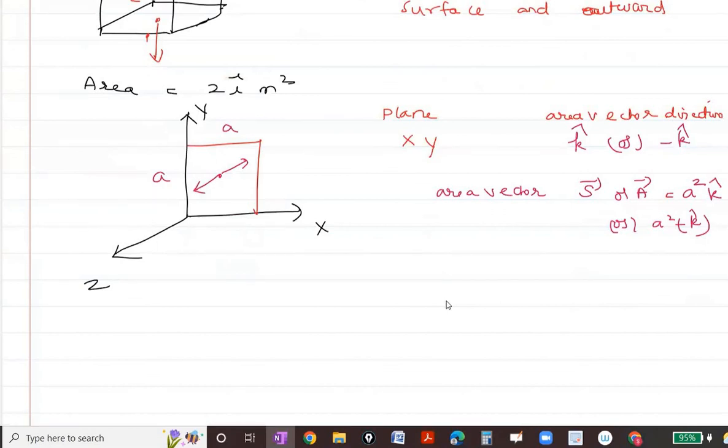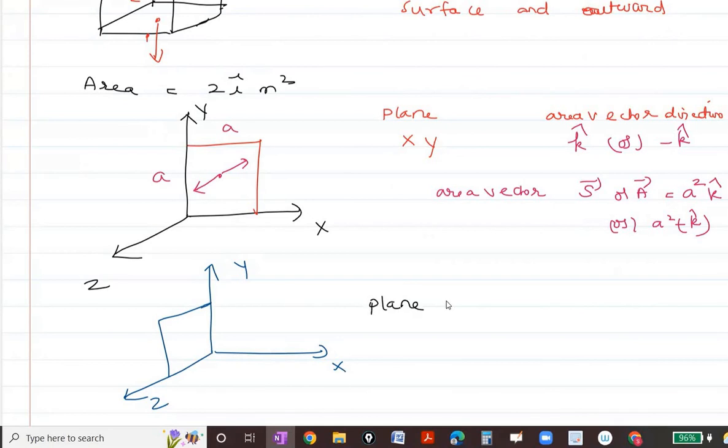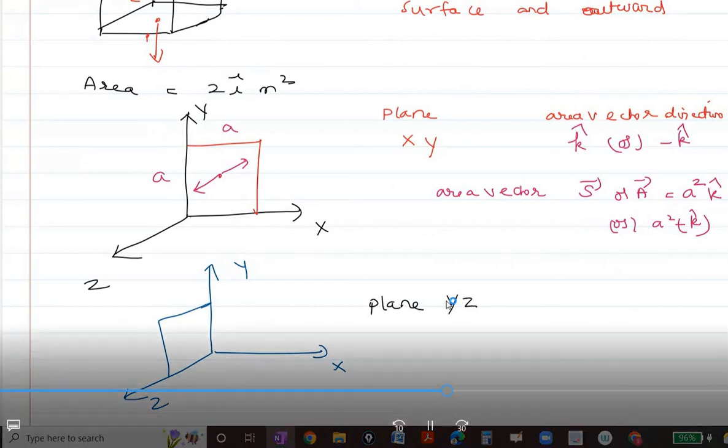Everyone? Now this is the X, Y, Z plane. Now find out the area. That is the area in consideration. Which plane is it, ma'am? It lies along the YZ direction, right? So what is the area vector direction?